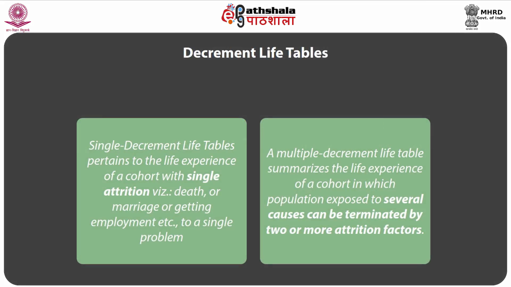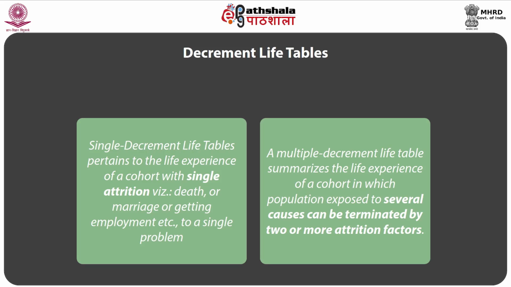Definition: single decrement life tables pertain to the life experience of a cohort with single attrition, namely death or marriage or getting employment, etc., due to a single problem. Modules 26-27 will explain.